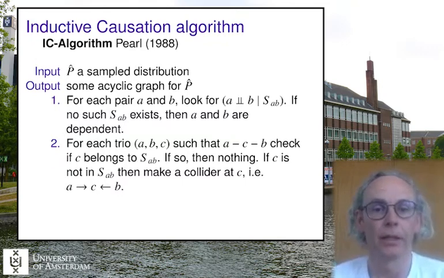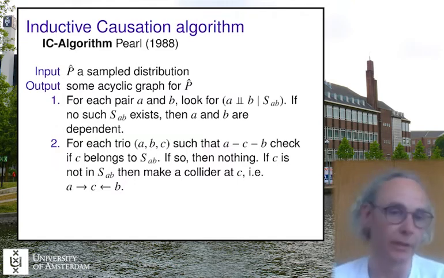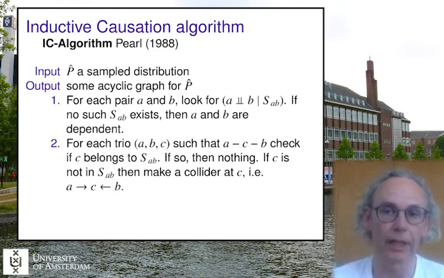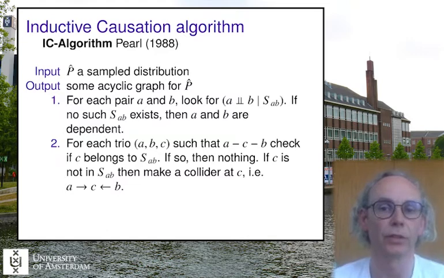However, if C is not in the separating set, then we have a collider, because it turns out that there's a connection between A and C and between C and B, but no connection between A and B. But it does occur, the connection between A and B, if we condition on C. So it's not a separating set, but there is such a structure where we have two edges with three variables.